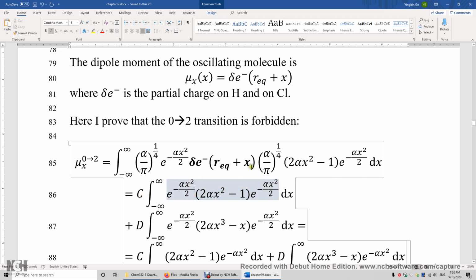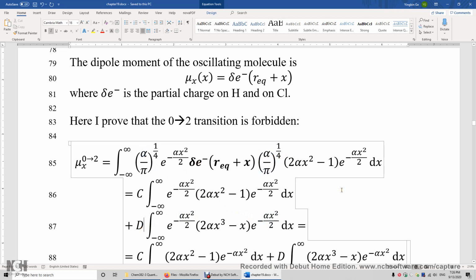Now let's look at the second term, plus x. We have x, it's a function of x. We have two Gaussian functions, and we have this polynomial function. So I'm going to multiply x by this polynomial function. I got this expression, and we have two Gaussian functions. What about this guy, and delta e? It's a constant, so I'm going to say it's D. All right?